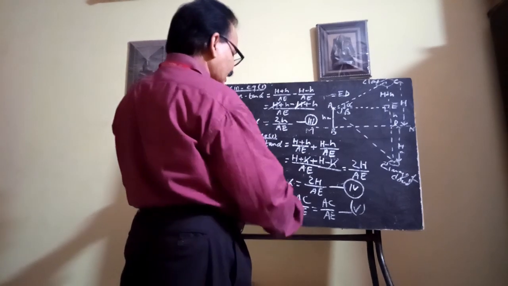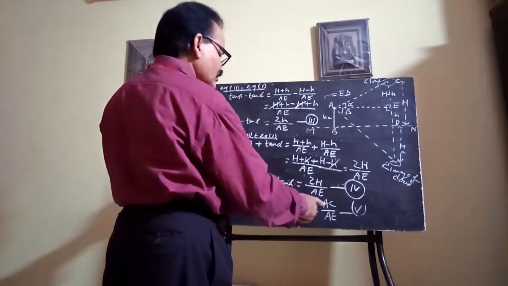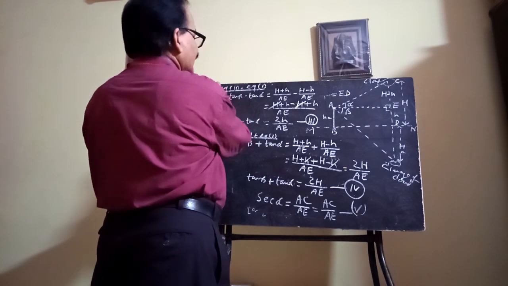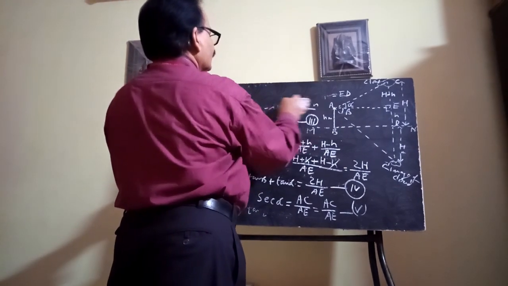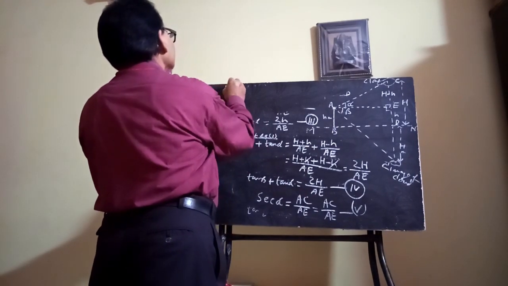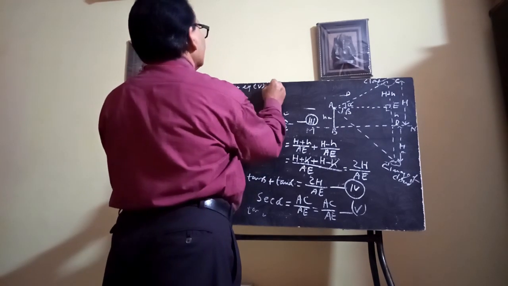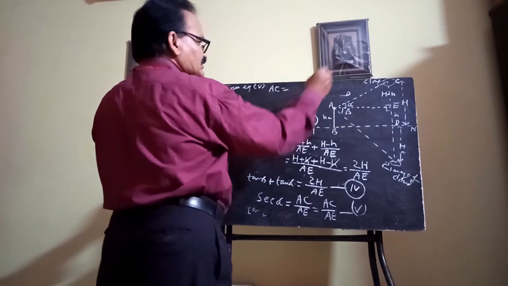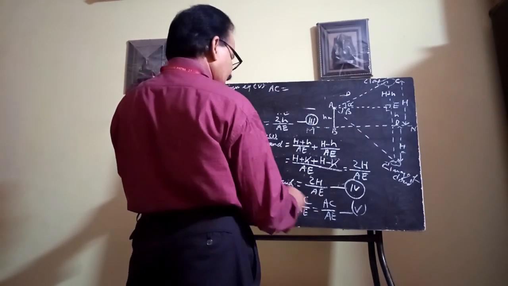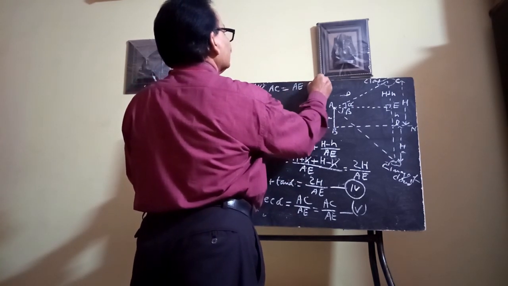Now your target is to find AC. First question: for AC, make AC the subject. From equation 5, AC, the distance of the cloud from the eye of the observer, will be equal to AE sec alpha.